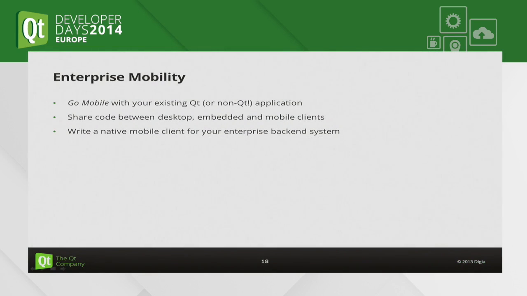Let's start with enterprise mobility. Look at a bit of the use cases on combining desktop with mobile. I've met a lot of business directors and CTOs, and they always talk about going mobile, and we need a mobile strategy.